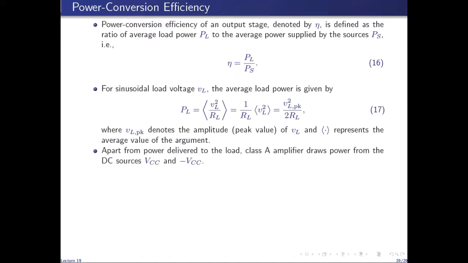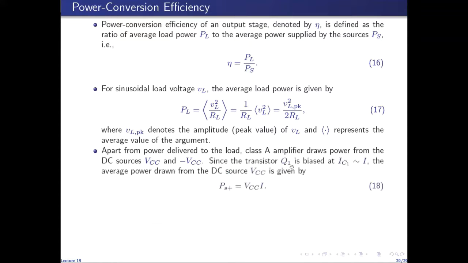So since the class A amplifier was biased using 2 power supplies, plus VCC and minus VCC, it draws power from both of the DC sources. The transistor Q1 is biased at the current capital I. Q2 carries the bias current capital I, which is equal, under the quiescent conditions, to the emitter current of Q1, which is approximately equal to the collector current of Q1 if we take alpha to be 1.